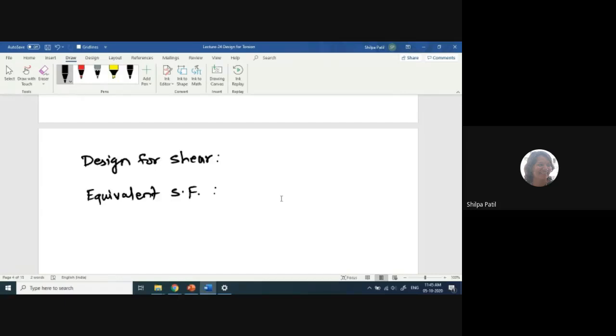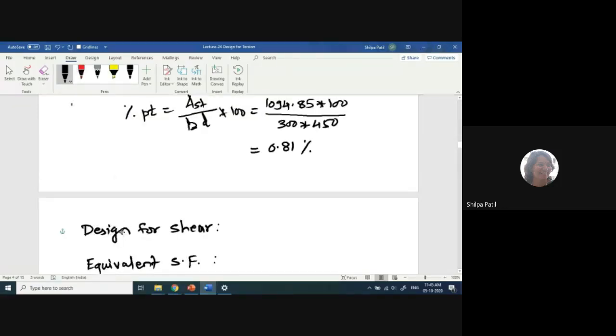I will erase all this and we will write down check for width here. Check for width.